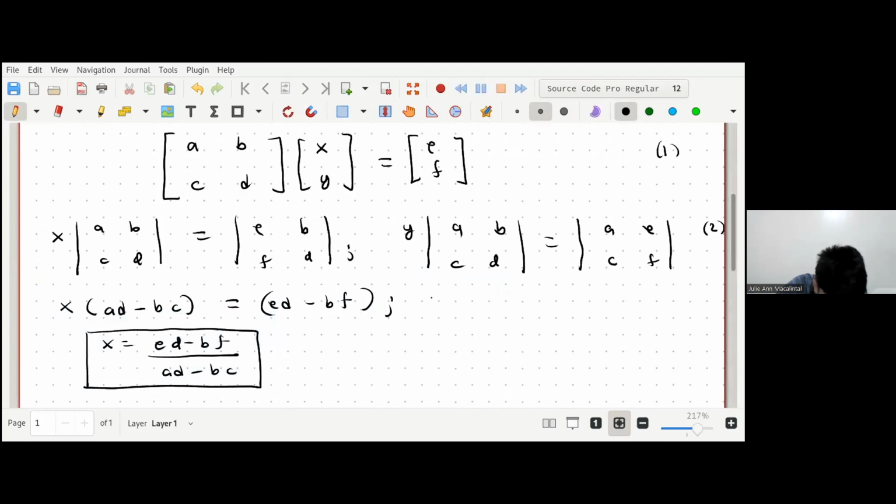So, makukuha natin na Y times AD minus BC is equal to AF minus EC, or Y is equal to AF minus EC over AD minus BC.